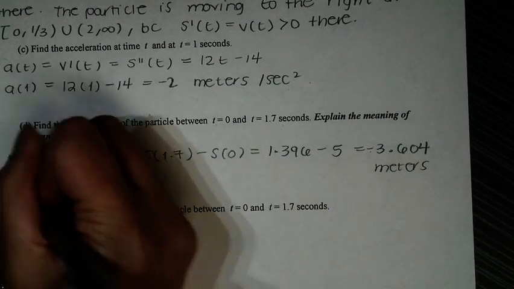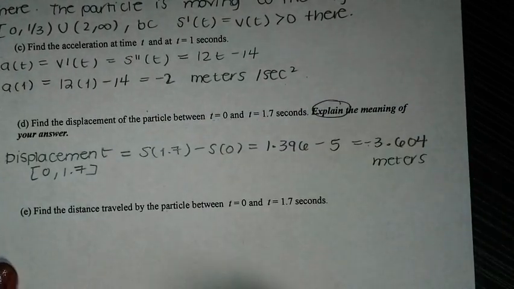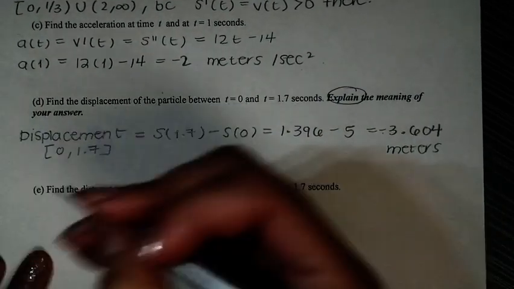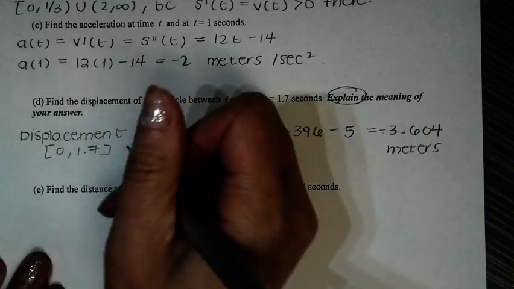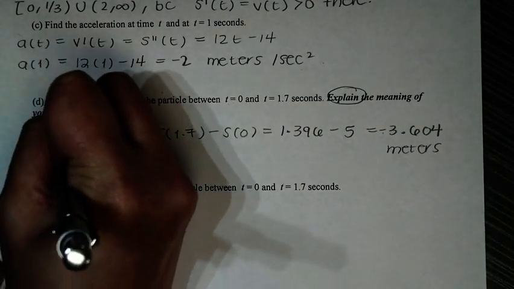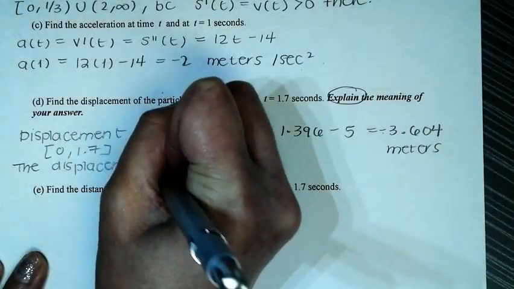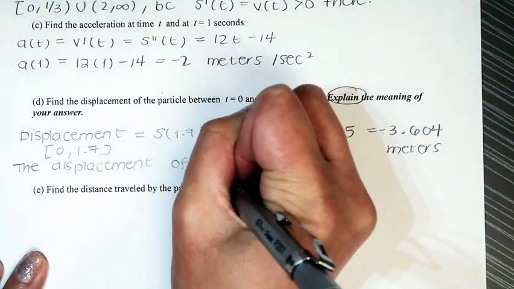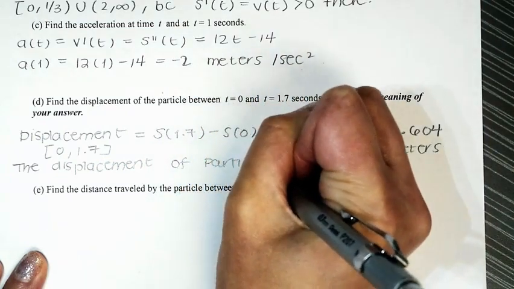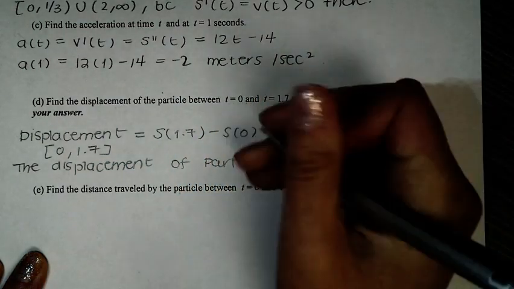Okay, since they are telling you to explain, that's why I wanted the negative. When I conclude, you'll see that I'm going to put positive. So you have the displacement of the particle, and you need to be very specific here because they are asking you to explain.